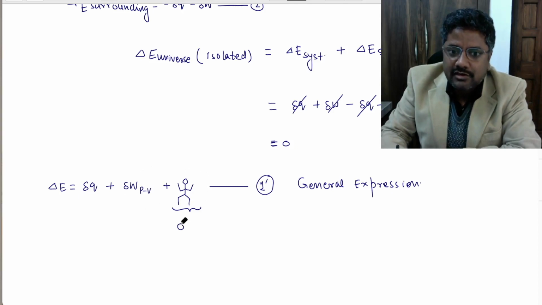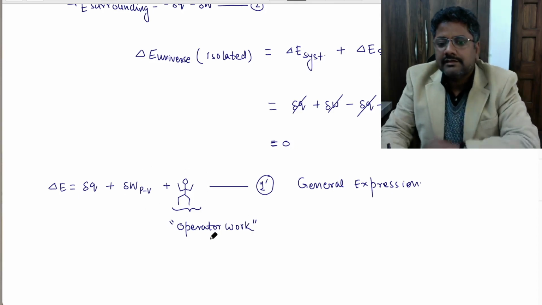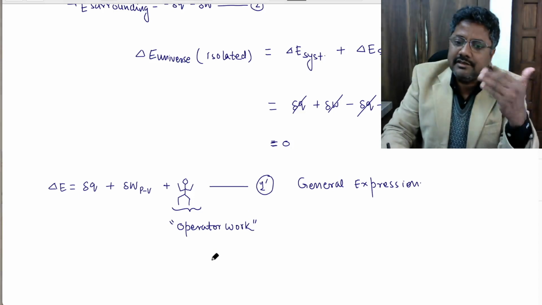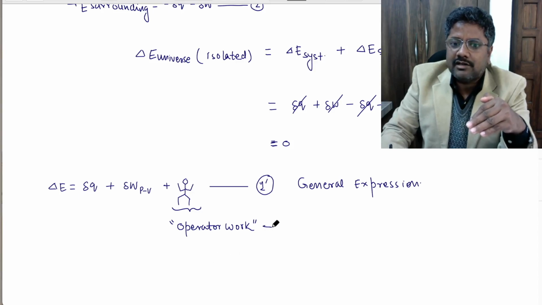So this is called operator work. Along with PV work, some operator work may also take place in the system. This operator work is always called useful work.